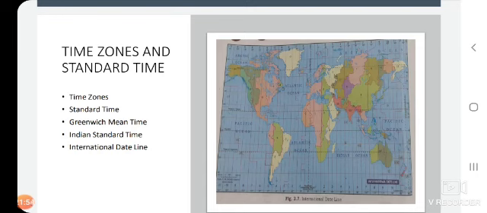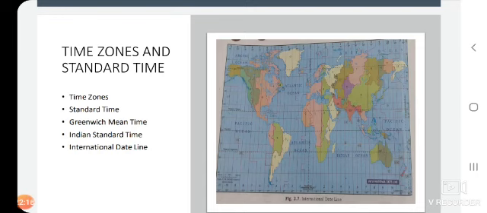The standard time must always be divisible by 7.5 degrees.